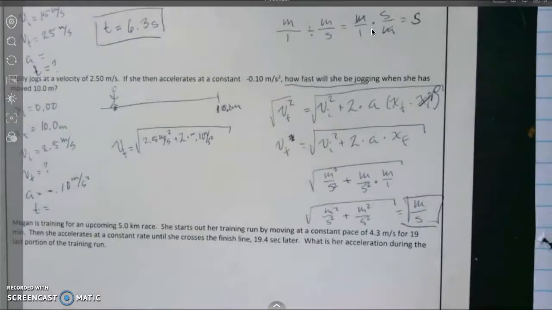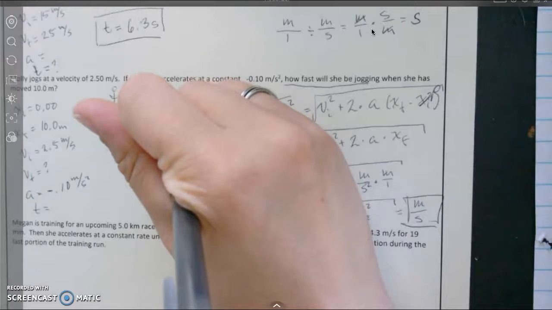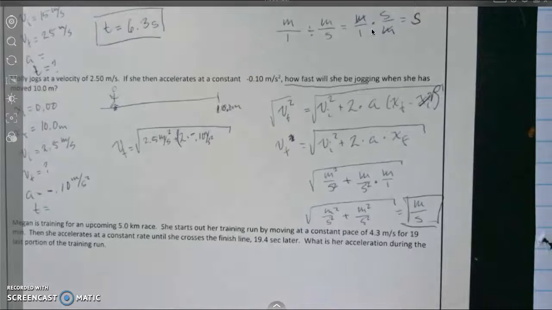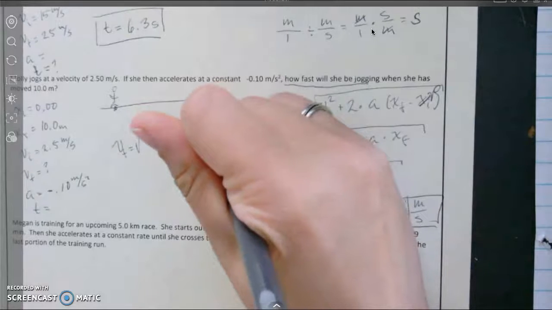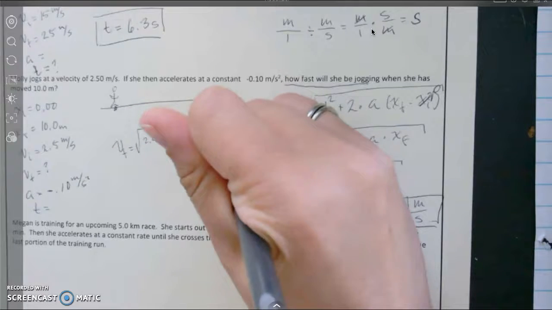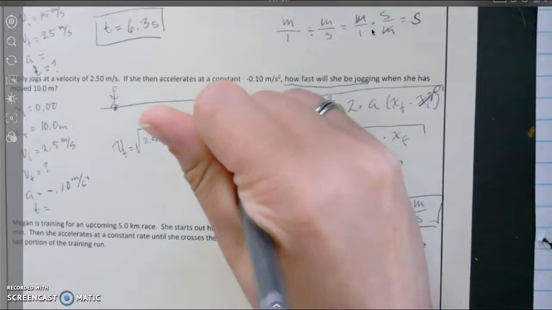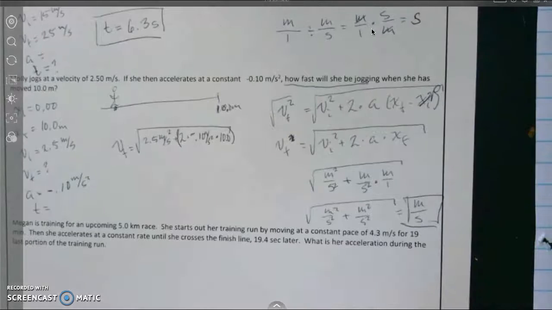When you plug this in, be so careful with that negative sign, meaning please put this in parentheses. Okay. And that's times 10 meters. Okay, so we'll run that through.